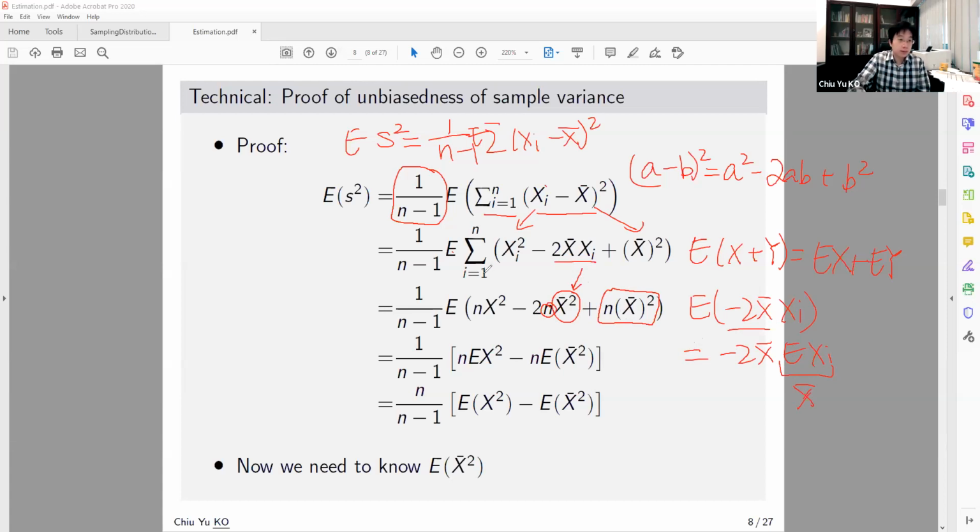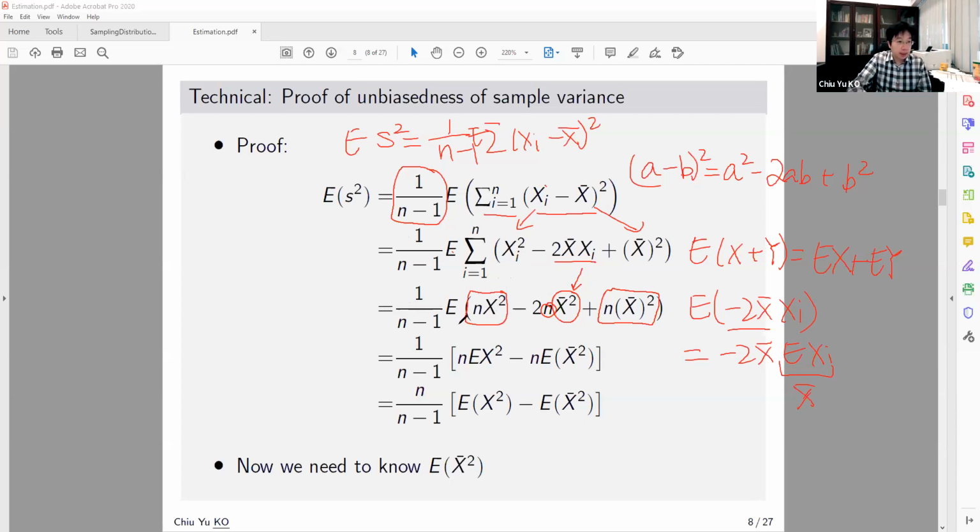So that's why 2n x bar squared. And for this xi squared, the expectation of that, they are identically distributed, so there's no difference from forgetting about the subscript, same as that.